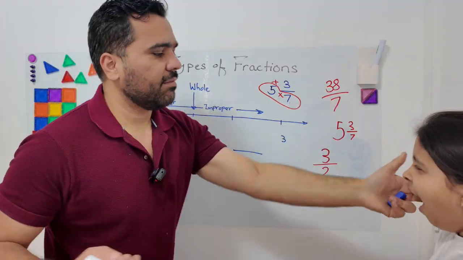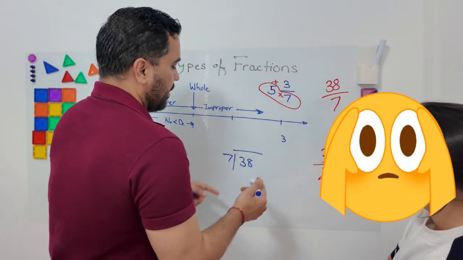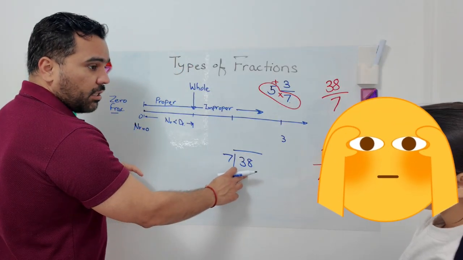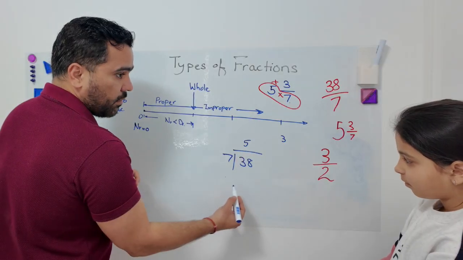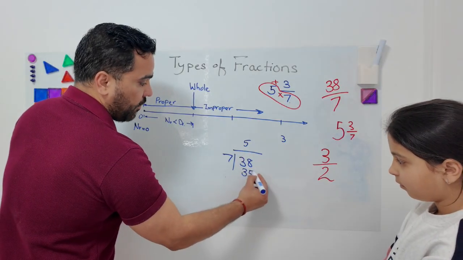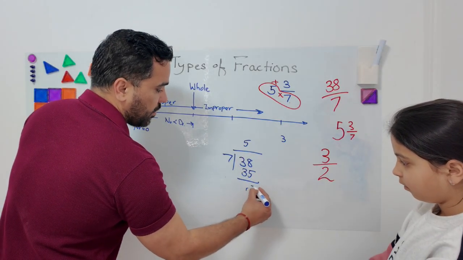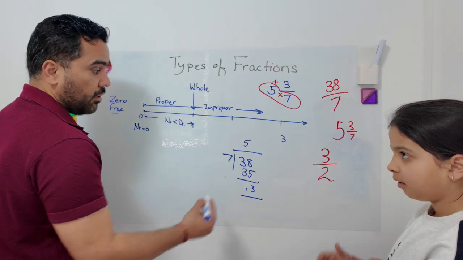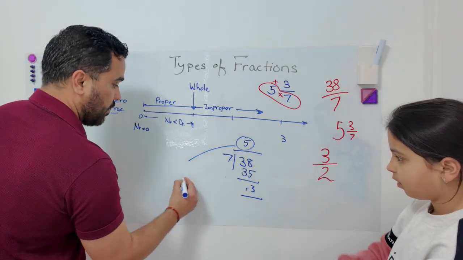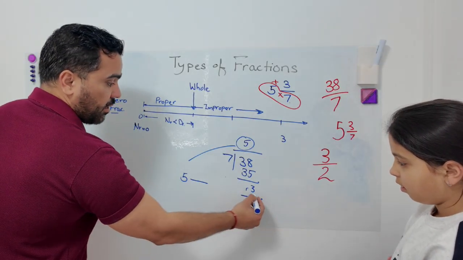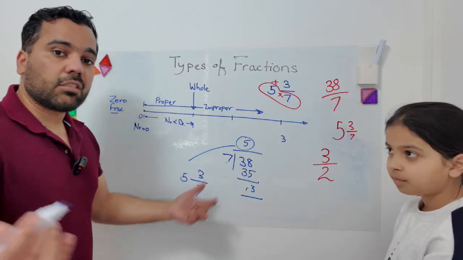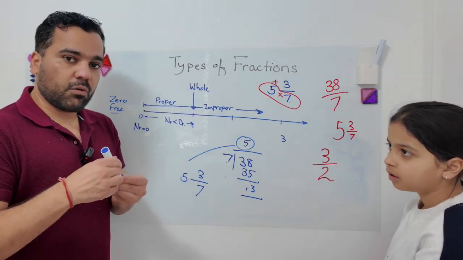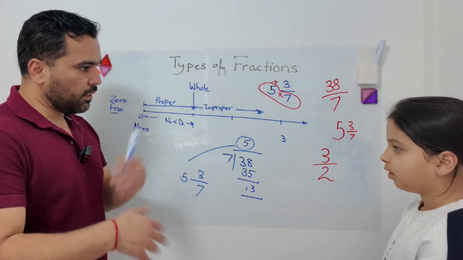So you're dividing 38 by 7. 7 times 5 is 35, remainder 3. So it's 5, remainder 3, over what you divided it by, 7. So this is how you can convert any improper fraction into a mixed fraction and vice versa.